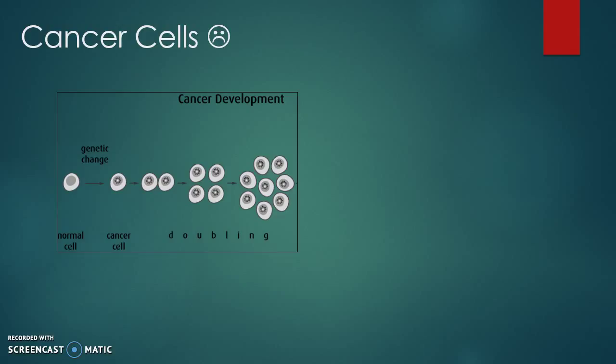Now there are a few things that separate cancer cells from normal cells. For one, cancer cells do not need growth factors to grow and divide. So, they do what they want, or they make their own growth factors because they're just macho like that. And two, cancer cells don't stop dividing and can divide indefinitely with the right amount of nutrients.